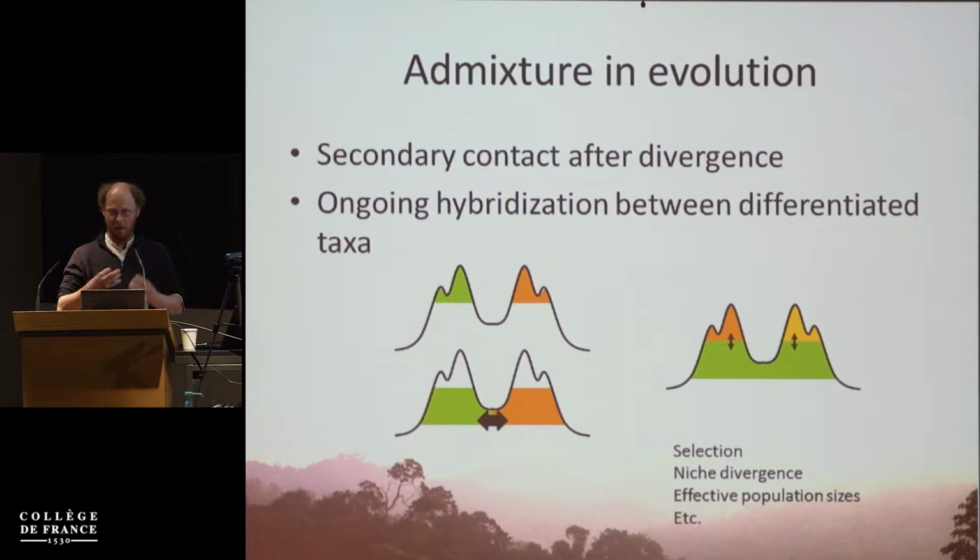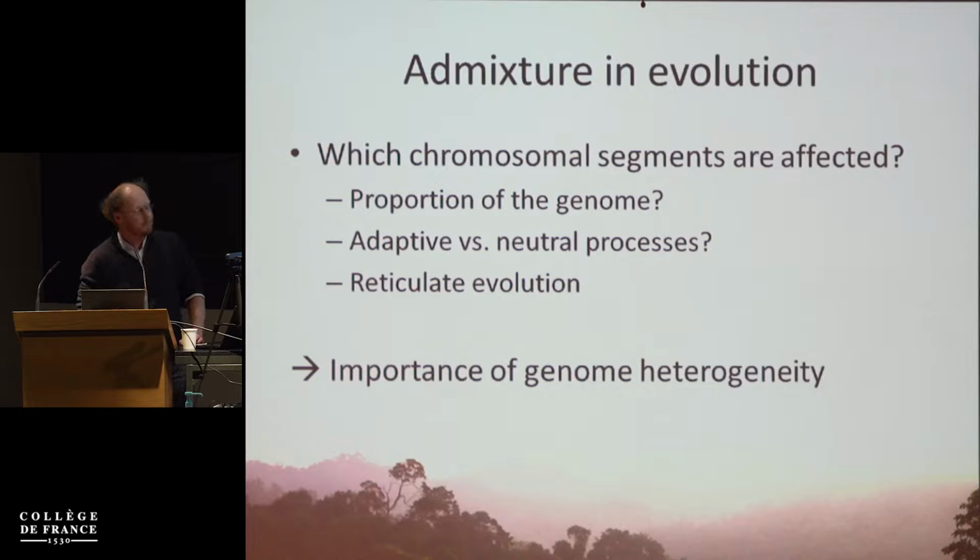And of course, you can have a combination of all those processes, and we've seen that with almost all the talks today. And so understanding the role of admixture involves not only understanding the history of the lineages, but also the role of selection, niche divergence between populations, and effective population sizes, etc. So among the questions that we ask in evolutionary ecology, when we talk about admixture, we usually talk about the heterogeneity of the different loci which influence, and are influenced by, admixture.